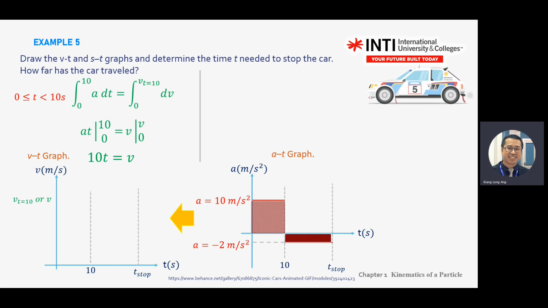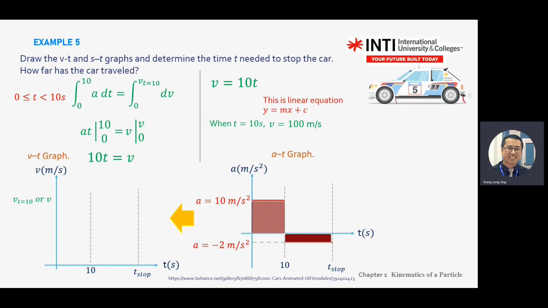This side v minus 0, you get v. What is this form? Linear form. So v equals 10t. y equals mx plus c. This is your m, your gradient. When you get y equals mx plus c, you can plot the graph. So here you know there's a positive gradient, means it's going up. Plus c is 0. You don't see c here, means it intersects at 0. This is how you plot. This is how you use your integration.